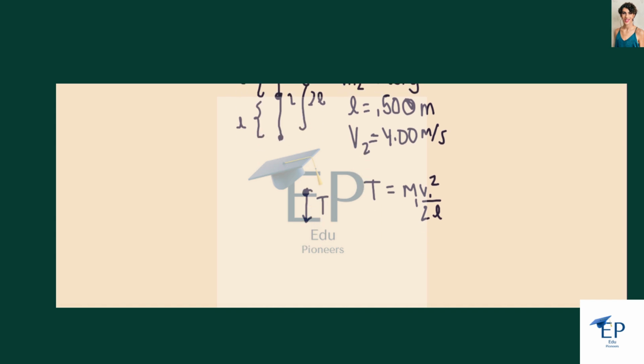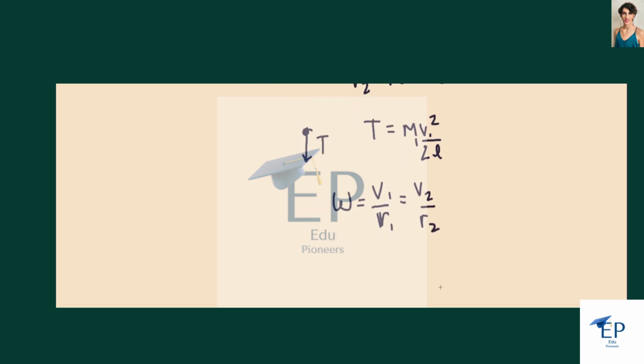If they're collinear, then that means they have the same angular frequency. So omega is V over R. So V1 over R1 is equal to V2 over R2. These R's are the distances from the mass to the axis of rotation.